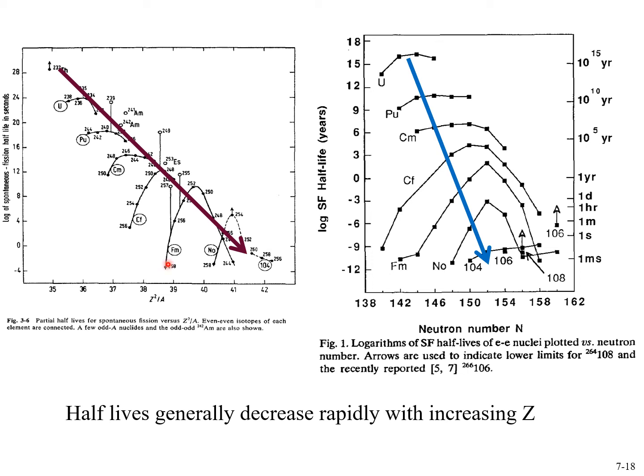However, for a given element, for instance fermium, if we go from 244 to 258, we see that 248 and 244 are approximately the same, with very short half-lives, and there's a high half-life peak at around 250. And this trend is repeated for the other elements.